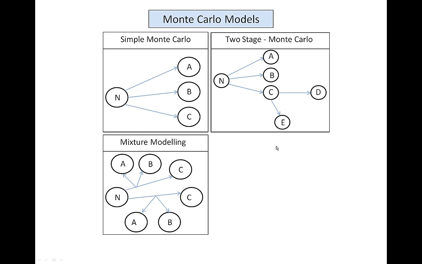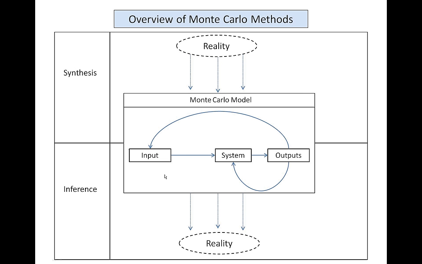All right. This is a more sophisticated approach, but it's still very simple in that if you remember the previous slide, the inputs directly translate into the system, which directly translates into outputs, and the transition is linear.